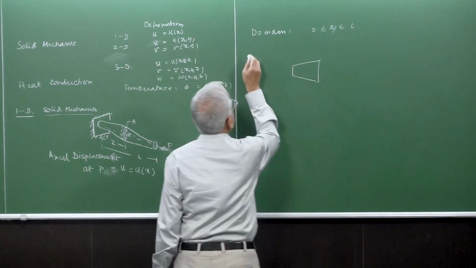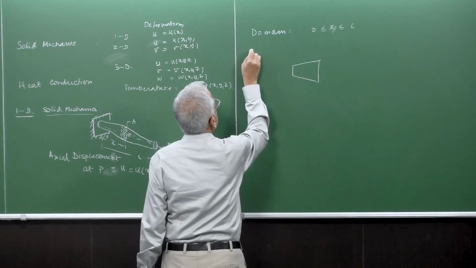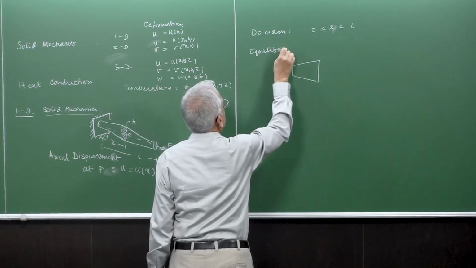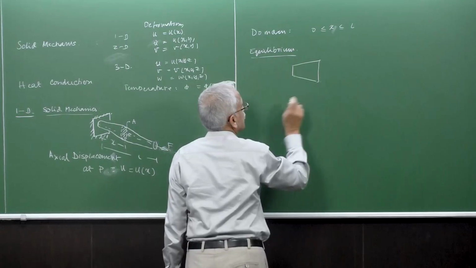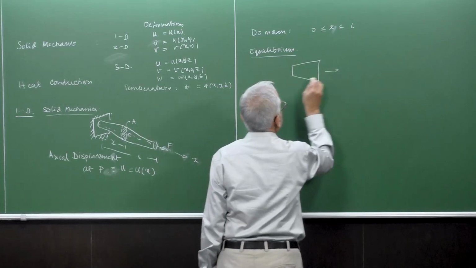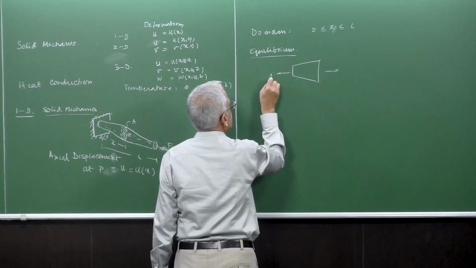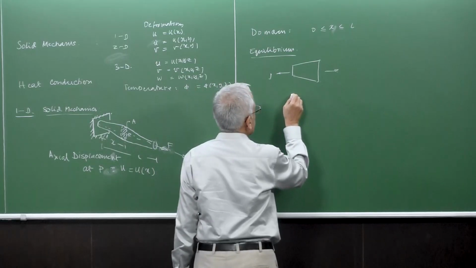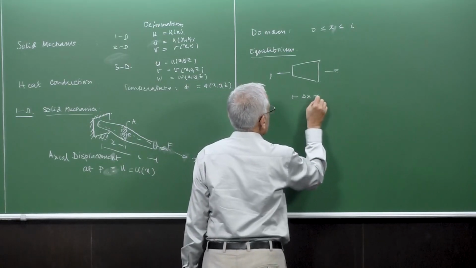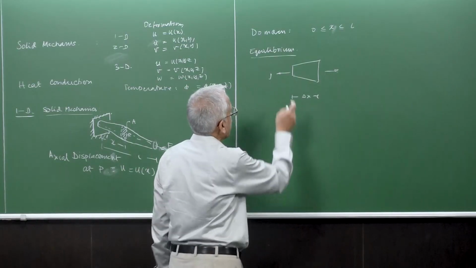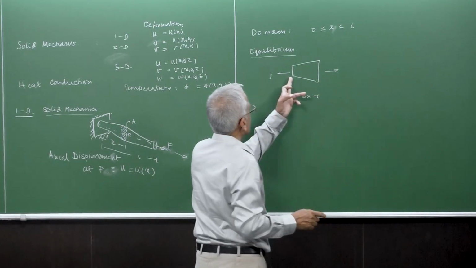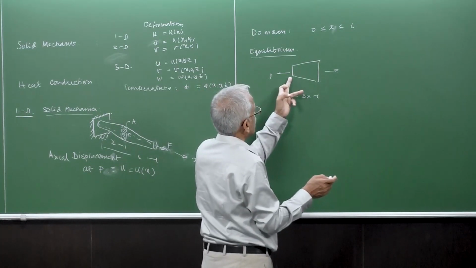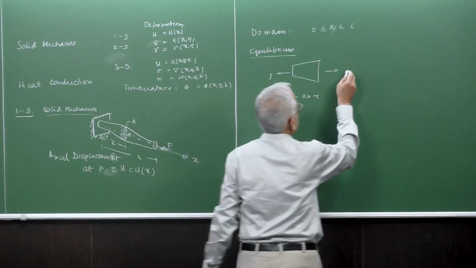We want to look at the governing equation, so we are looking at the equilibrium of this element. Since it is small, this element delta x is isolated, and there is a force acting on this small boundary, and there is another F on the other side.